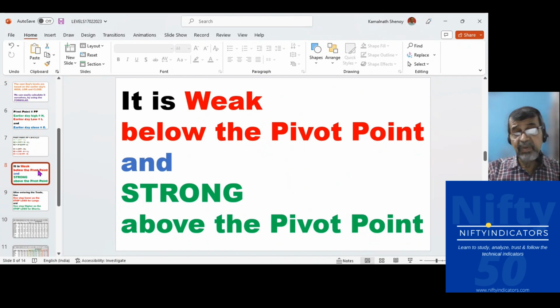The pivot point is important because any index for that matter, or any stock for that matter, is weak below its pivot point, and above its pivot point, it is stronger.